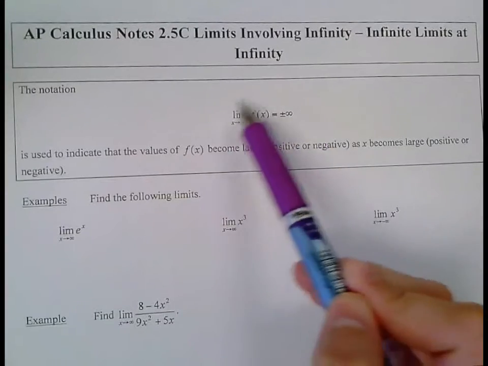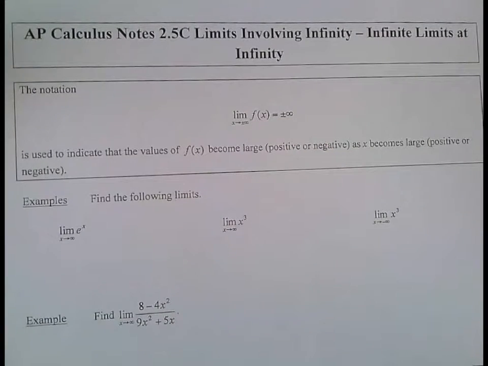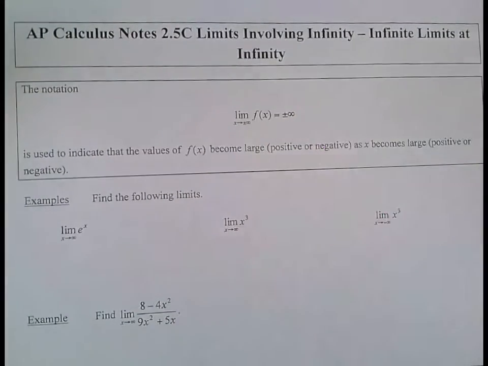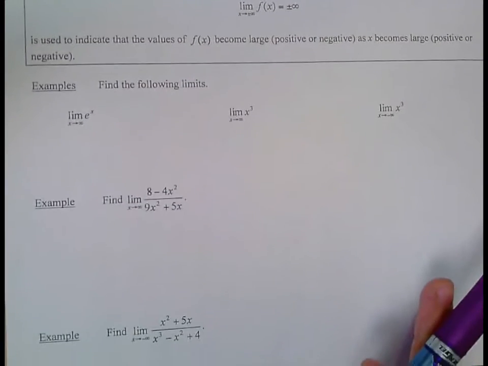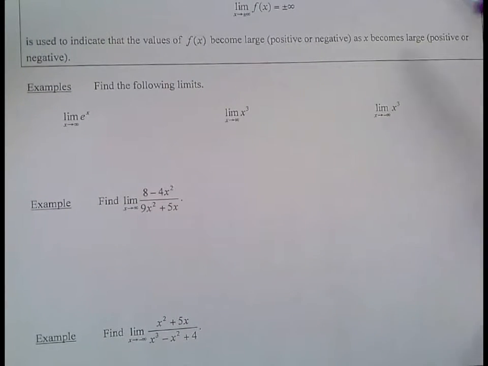Again, this is a limit that does not exist because it's approaching positive or negative infinity, but it describes the way in which it doesn't exist. I have three limits listed directly below that key box, three functions that represent this definition of an infinite limit at infinity.